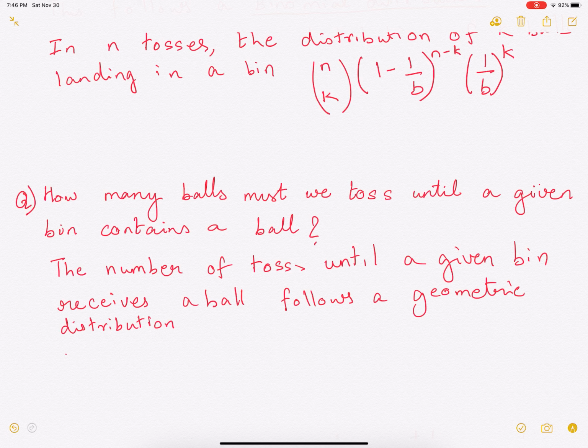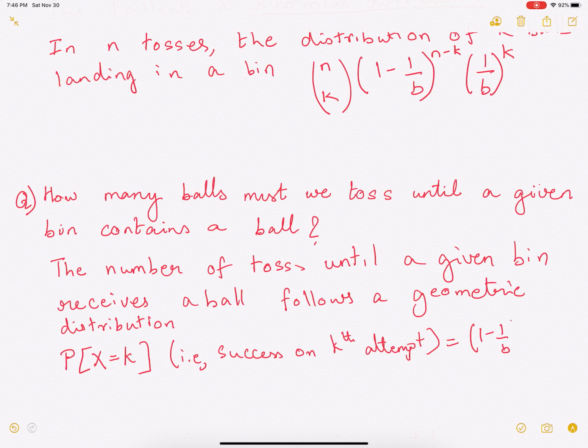Therefore, if you assume that the number of tosses is denoted by the random variable x, then probability of x equals k, that is essentially success on kth attempt, is equal to (1 - 1/b)^(k-1) times 1/b, which is the success.